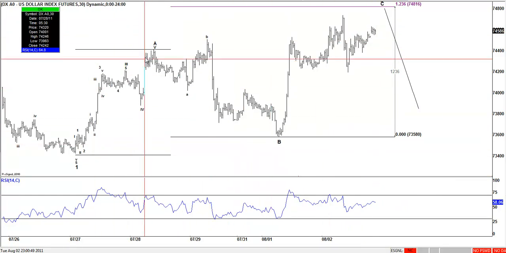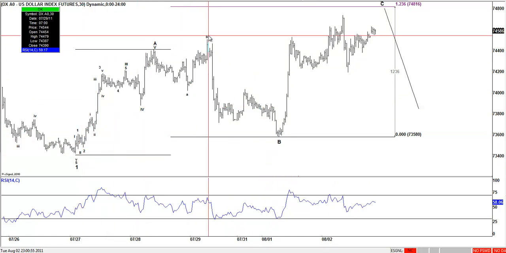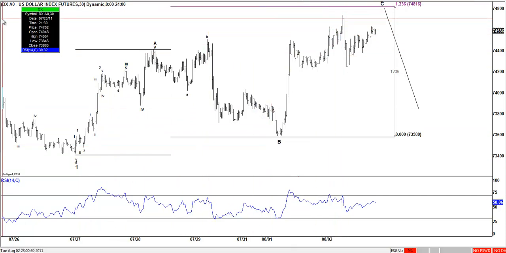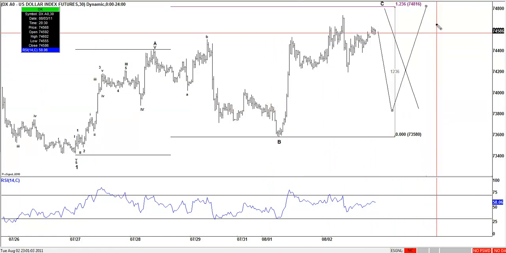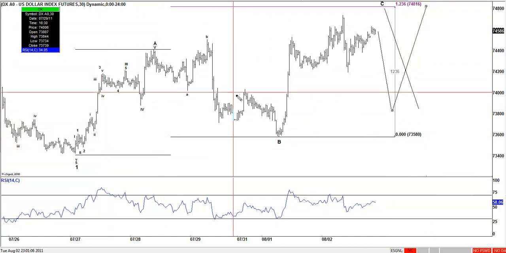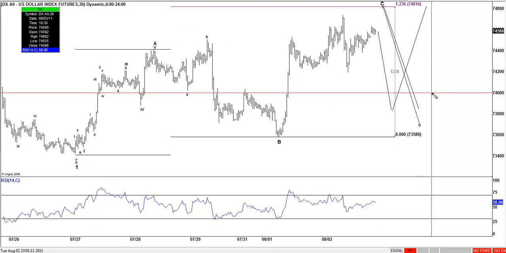I mean, we can see it two ways. The first one, let me explain it to you, is A, B, C, and if that's the case, the euro is going to trade lower before going higher. The second scenario is an A flat B, and C looking for 74.81.